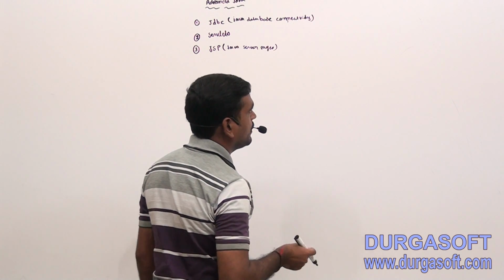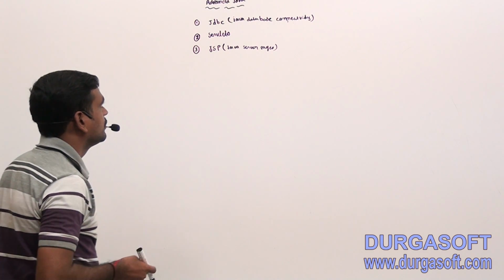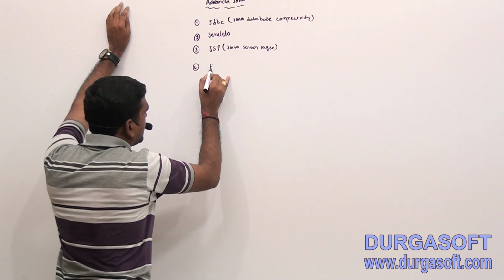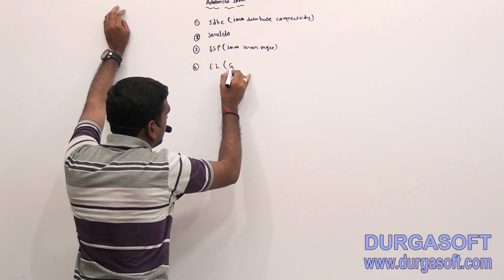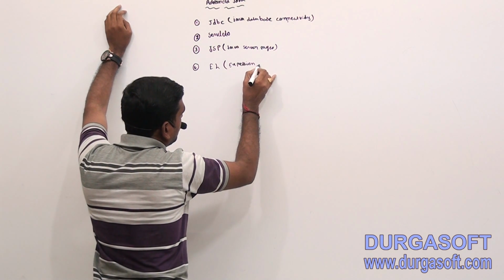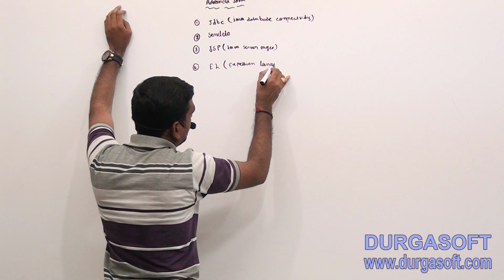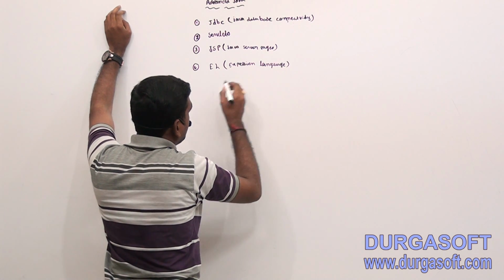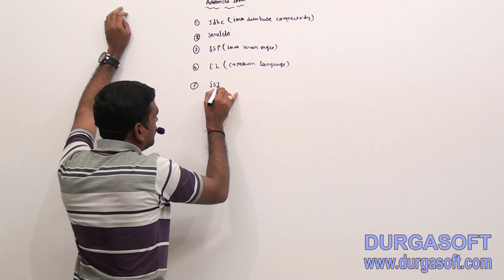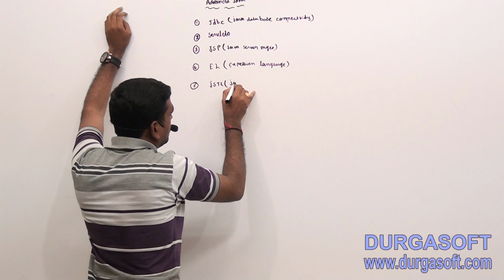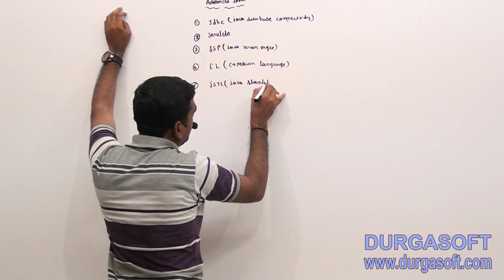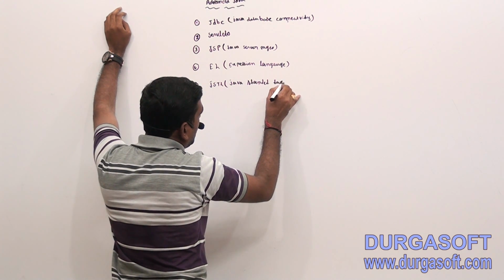Next, number 4, expression language. Number 5, JSTL, Java standard tag library.